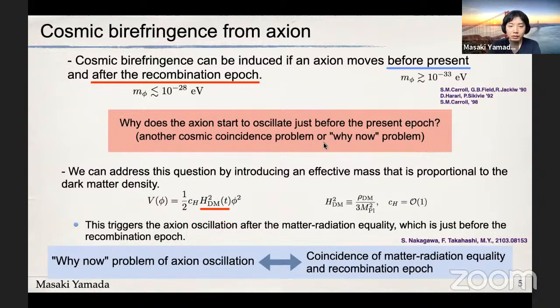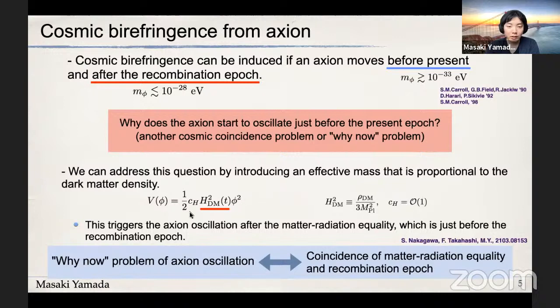And we'd like to answer this coincidence problem, and this is our proposal. We can address this question by introducing an effective mass for the axion that is proportional to the dark matter density in this way. So here h squared dm is given by the dark matter density. This term is negligible in the radiation dominated era because dark matter density is negligible in the radiation dominated era. But this term becomes relevant in the matter dominated epoch because Hubble squared dm is comparable to the Hubble squared, right?